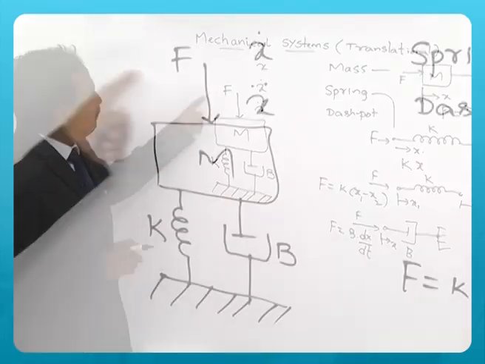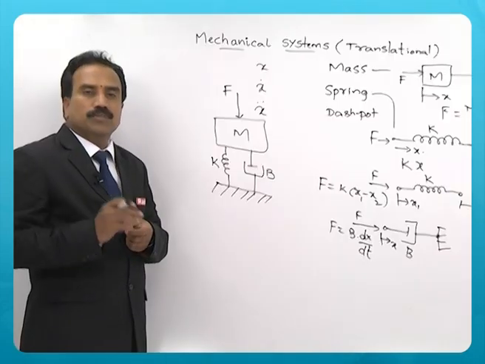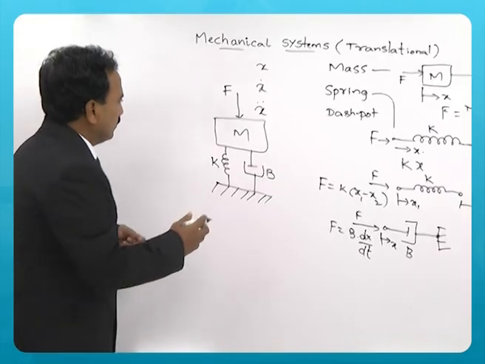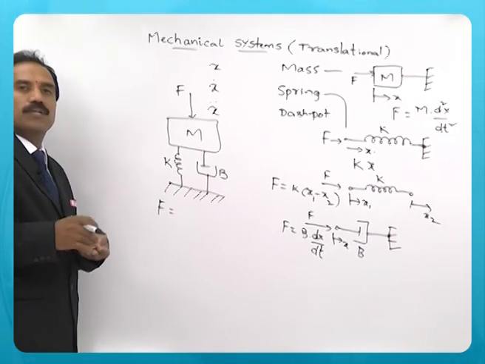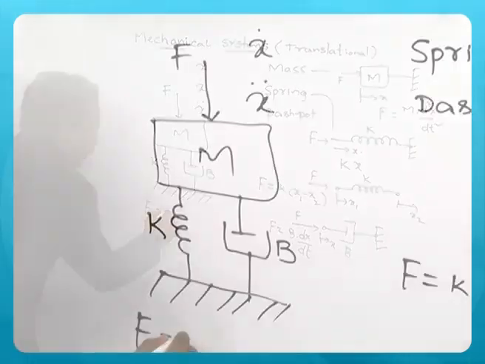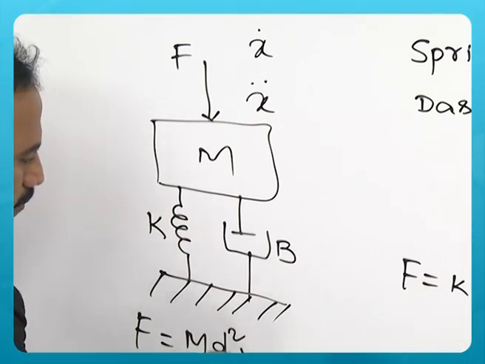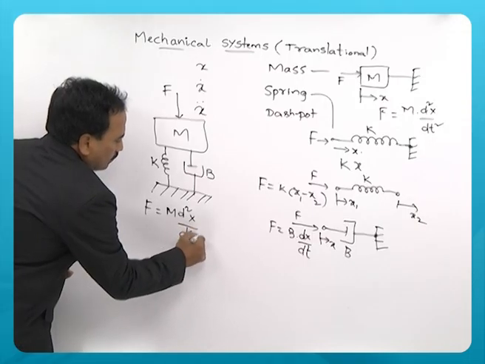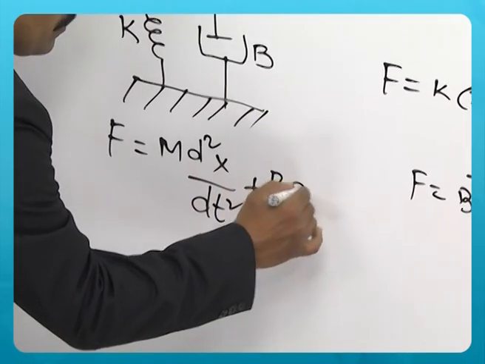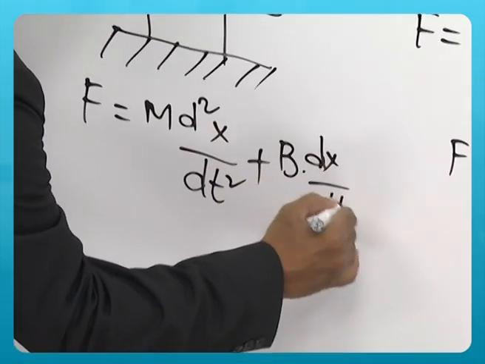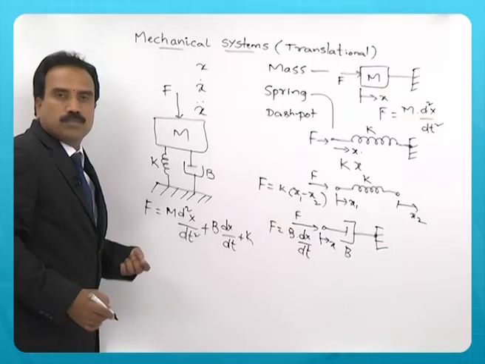So, we can develop an equation according to Newton's second law of motion, that the applied force F is equal to the reaction forces. One is due to mass, the other one is due to friction, and the third one is due to spring.